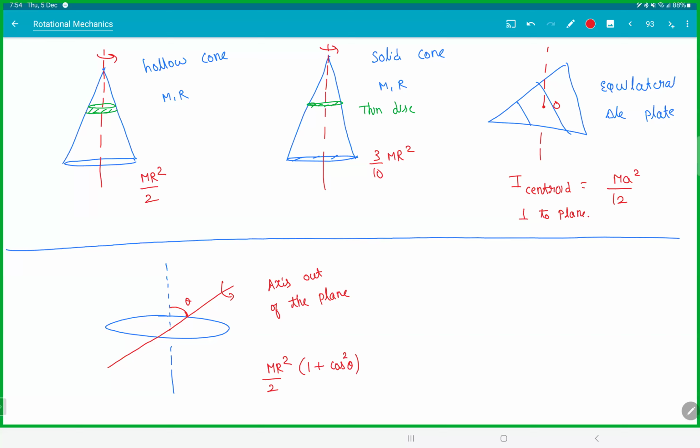The derivation is not important. In the exam, mostly they won't ask you this also. Just in case, because the result looks fine. If it's a disk, it's a ring. Again, axis out of the plane. This guy was mr square by 4, 1 plus cos square theta.